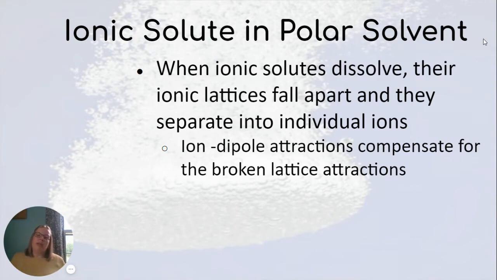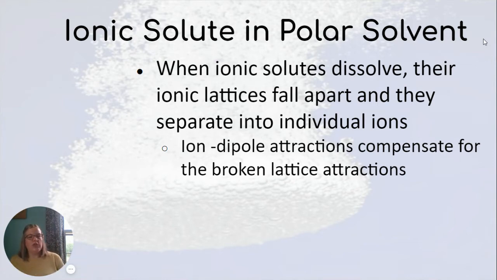the water molecules surround the ions, and the ion to dipole interaction, the actual physical ion in the lattice and the waters that want to stick to that ion, will provide a good enough compensation so that the ion can be pulled off of there.